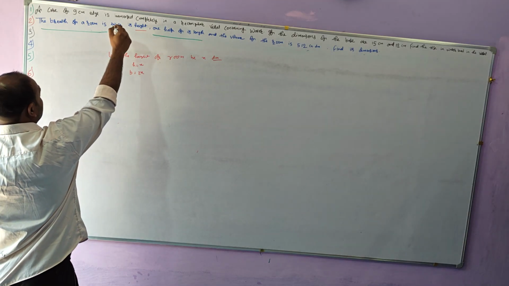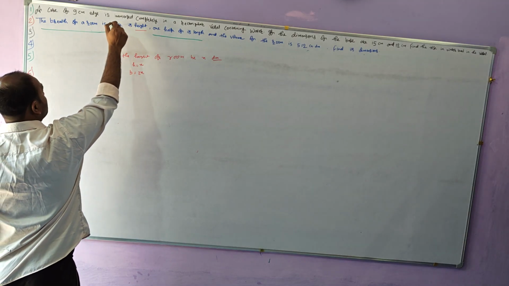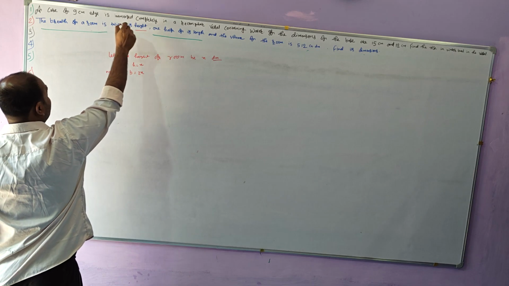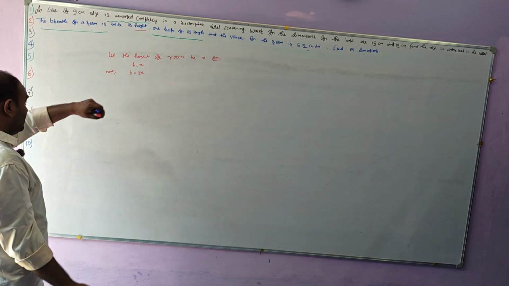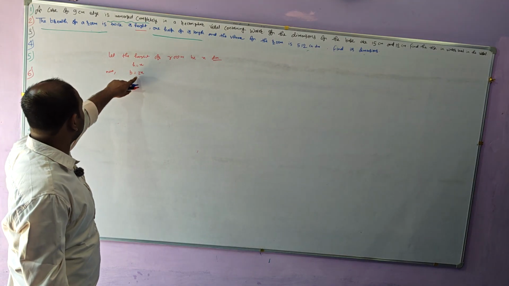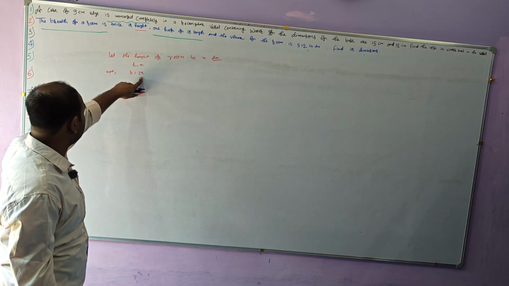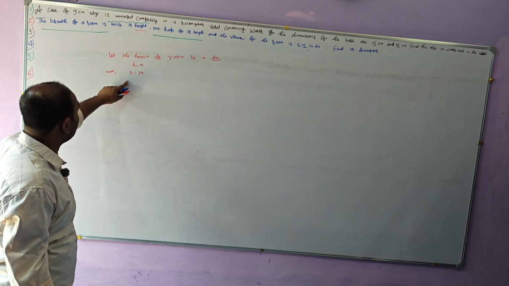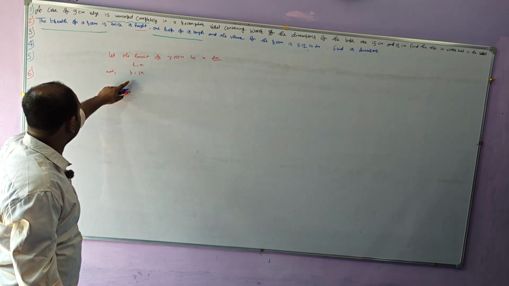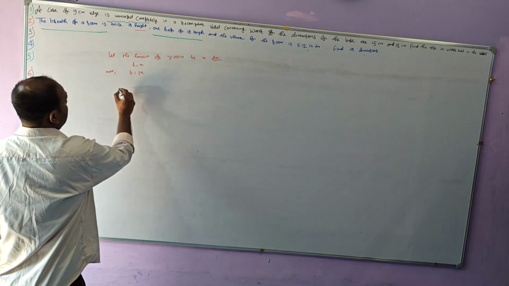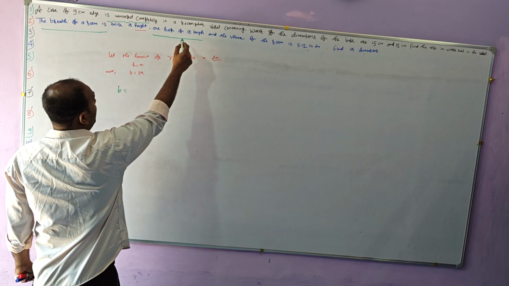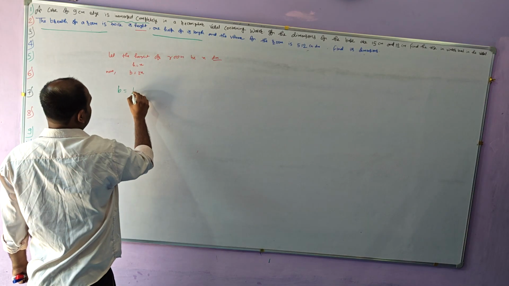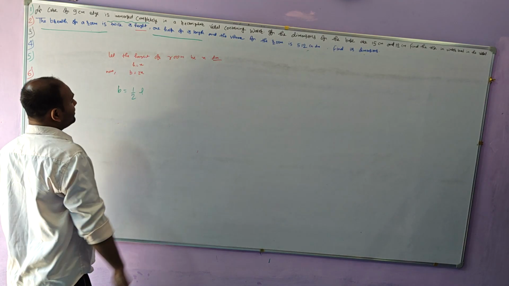Whenever we talk about height, we have twice its height, that becomes b is equal to 2x. Now when we talk about length, b is one half of its length.